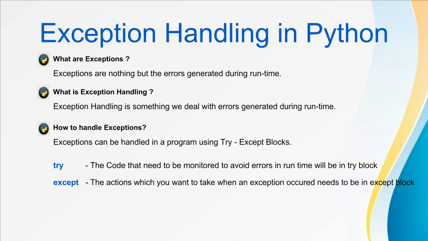This is one variable, and I'm going to accept another variable called height equal to int input, "Please enter your height in meters". This is another variable.